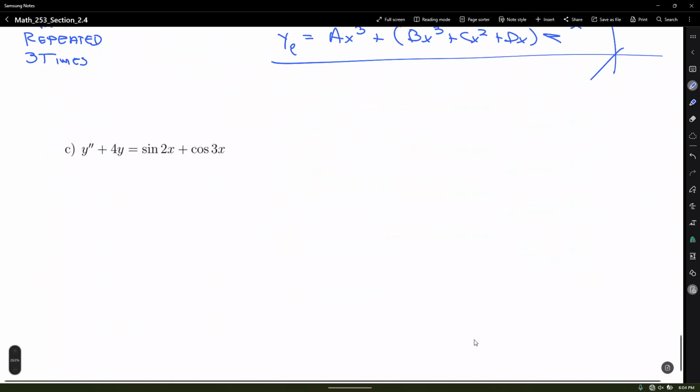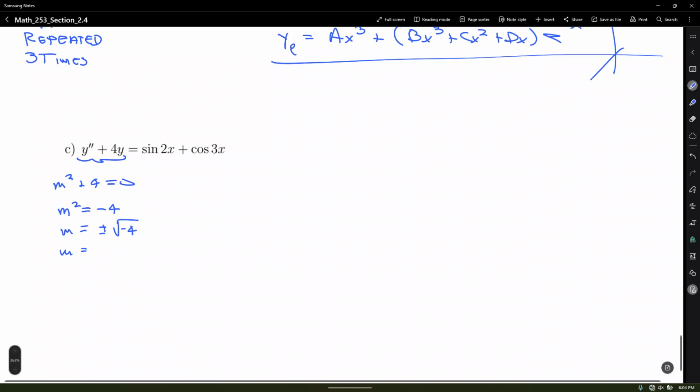Okay, one more and wrap it up. So y double prime plus 4y equals sine 2x plus cosine 2x. All right. So number one, the characteristic equation would be m squared plus 4 equals 0, where m squared equals negative 4, and m equals plus or minus the square root of negative 4, which is plus or minus 2i.